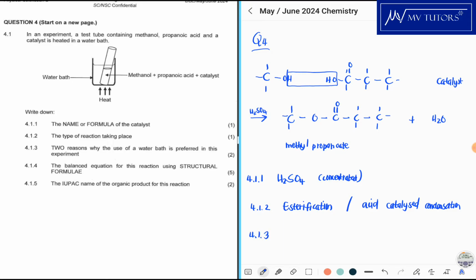Now 4.1.3, write down 2 reasons why the use of a water bath is preferred in this experiment. I think the water bath is there to maintain temperature, because in order to form an ester, this reaction is quite sensitive to temperature.